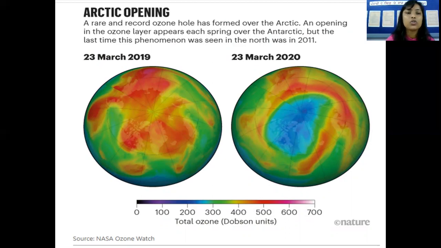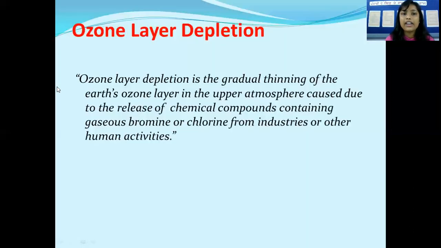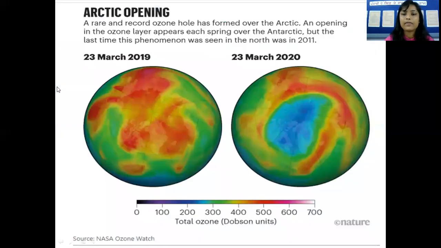There are two pictures taken on 23rd March 2019 and 23rd March 2020, the rare record. You can see the difference of the ozone; the ozone hole is majorly found just above the Antarctic region, right? This phenomenon has been seen in the North also in 2011, right?